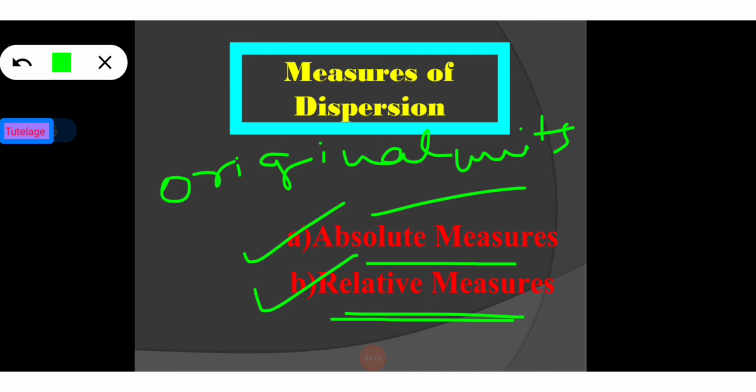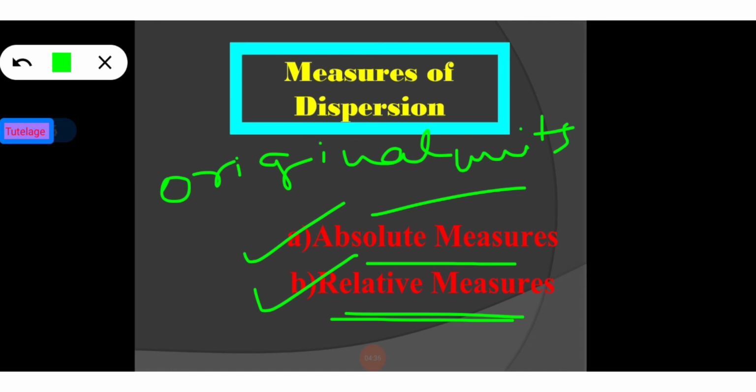So they are independent of the units in which data are expressed, and they are known as coefficients. So relative measures basically help to overcome the problem of lack of comparability of absolute measures of dispersion.